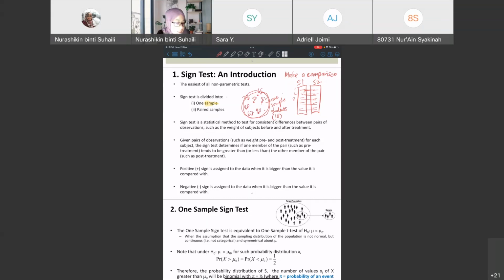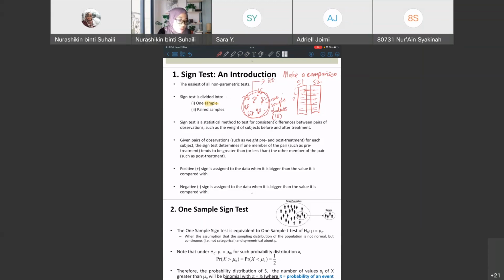Okay, and let's say remember that we want to make comparison kan. Comparison with what? Okay, normally if let's say for one sample macam ni, they will give you like one value that you want to compare each of the data with. Okay, for example, just now if I give a example of faculty benchmark score, let's say 80.